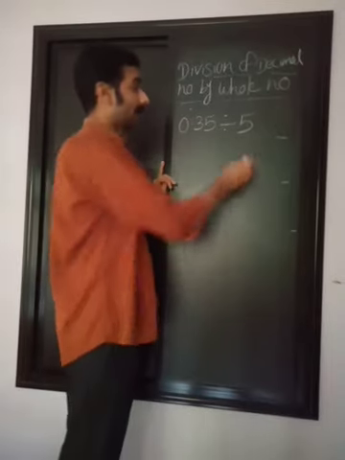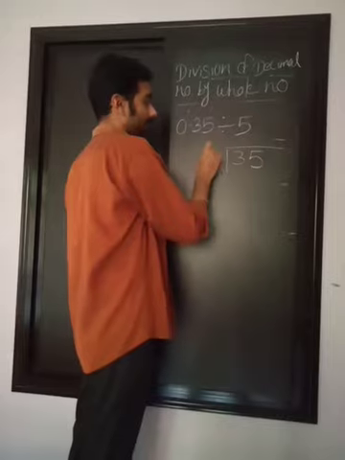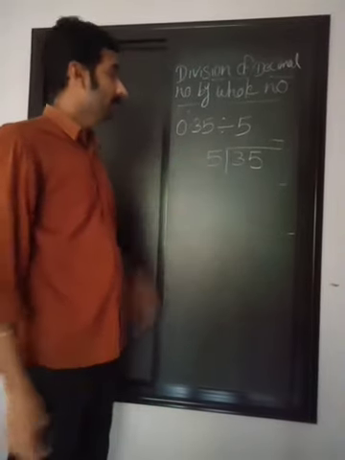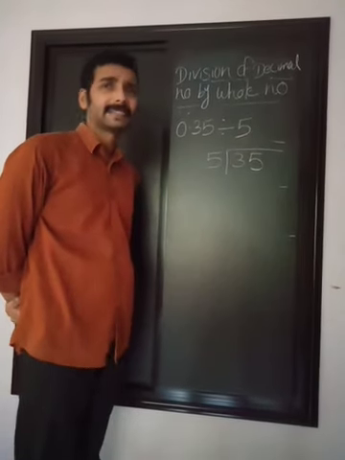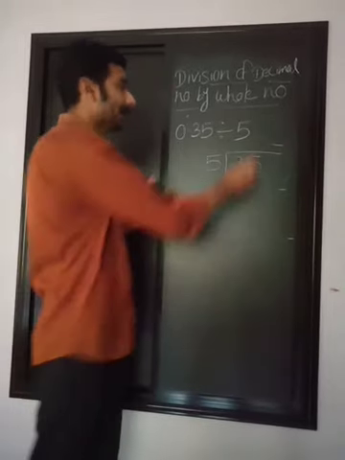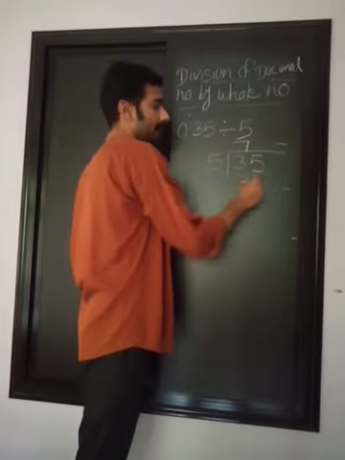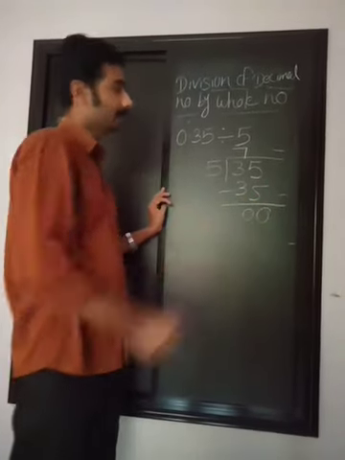We avoid the decimal. 35 divided by 5. What is the result? 7 into 5 is 35. Result is 7.